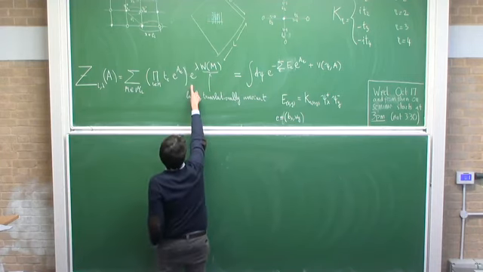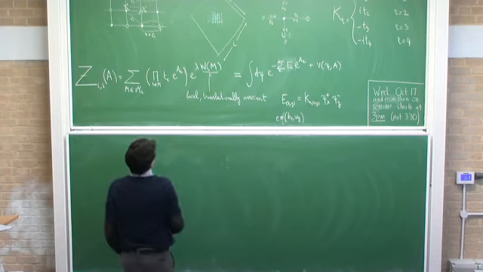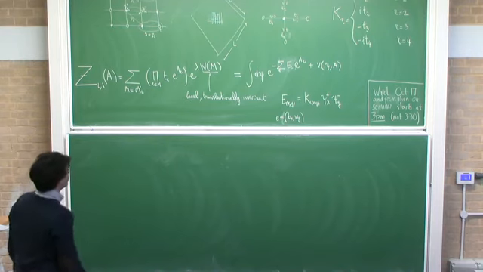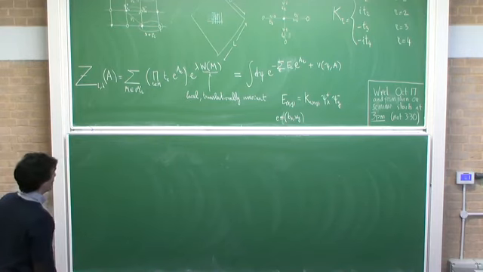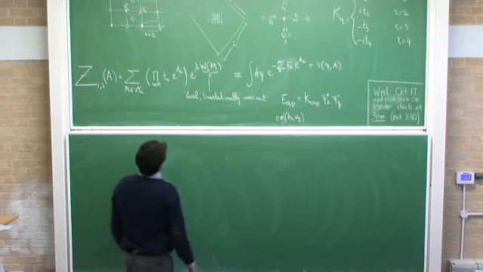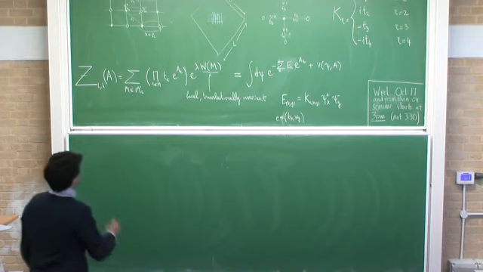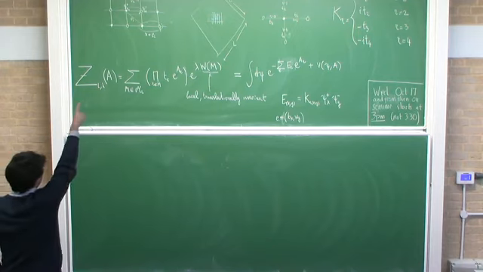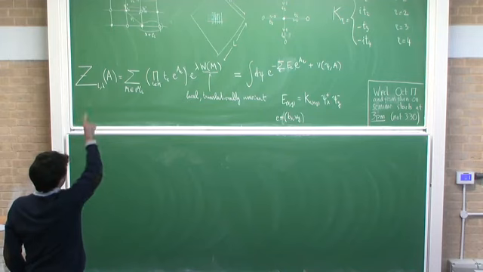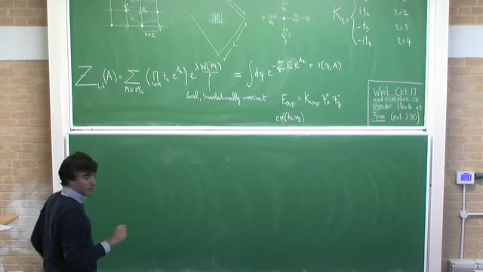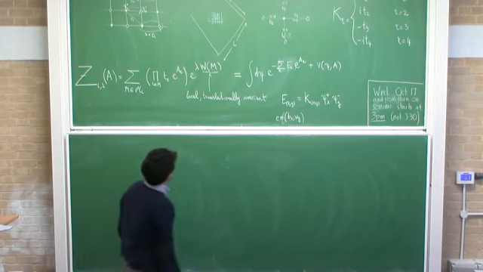It is of the form e to the lambda W of M, where lambda is a parameter that you should consider as a small parameter, and W is any local translational invariant interaction. Translational invariant here refers to translation of the black lattice.